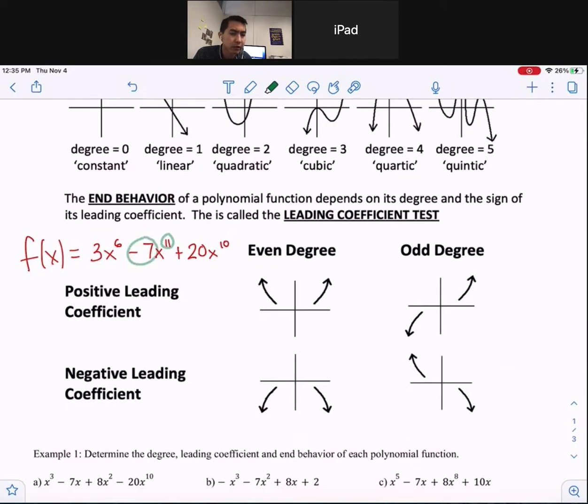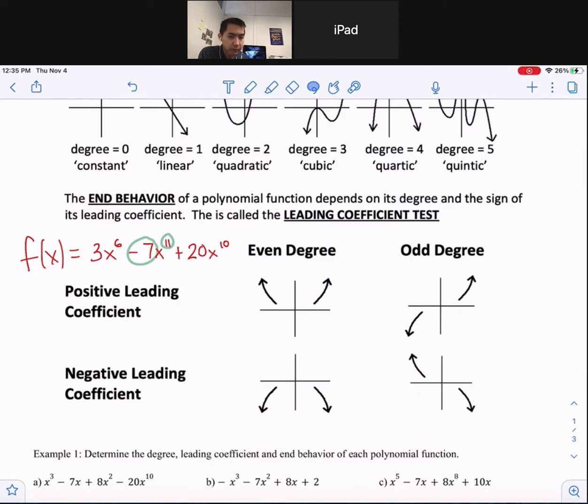And that makes sense, you guys, why that is the leading coefficient, because if you guys had to change this to standard form, right? Don't you guys put your guys' degrees in order from highest to lowest? Right? And look, the leading one would be that -7. So just remember, your leading coefficient is always attached to the highest degree.